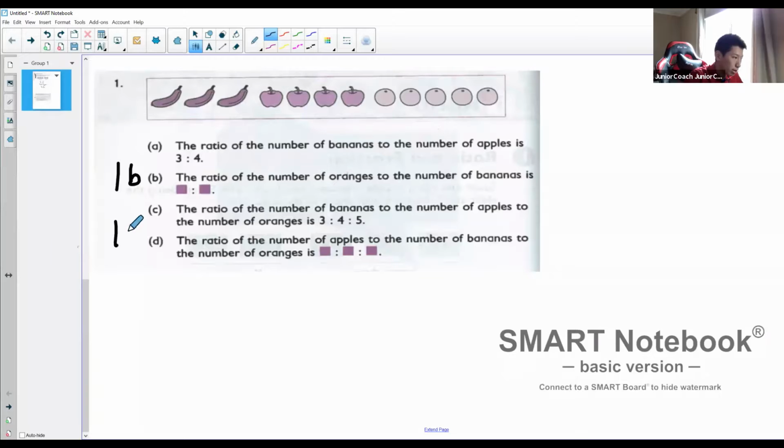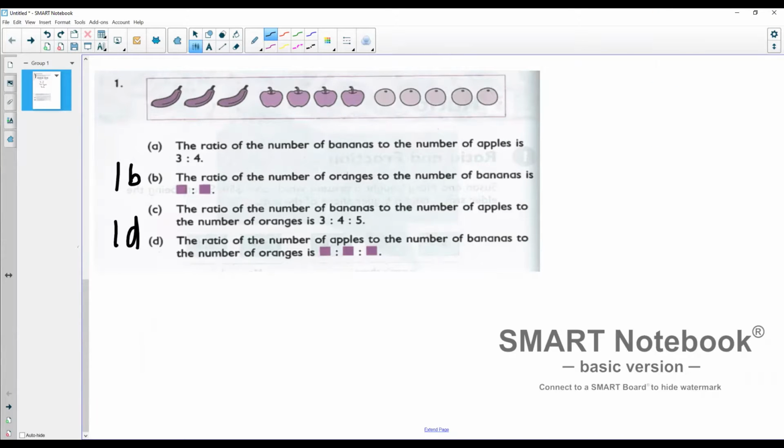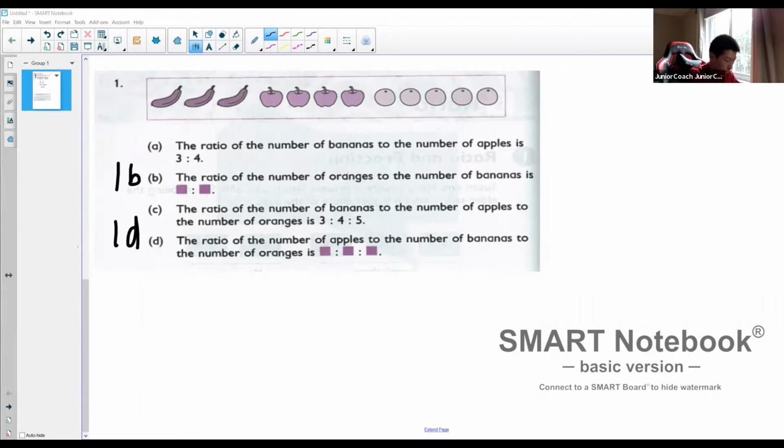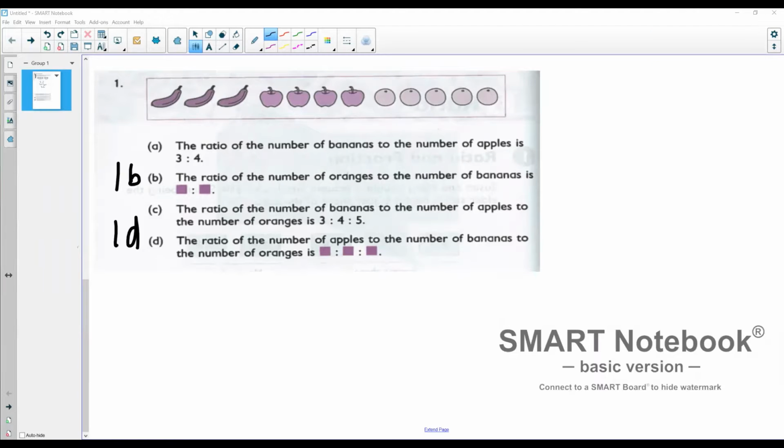No, 1B and 1D. Yeah, so once again, just send me the answers to the first 2 questions.